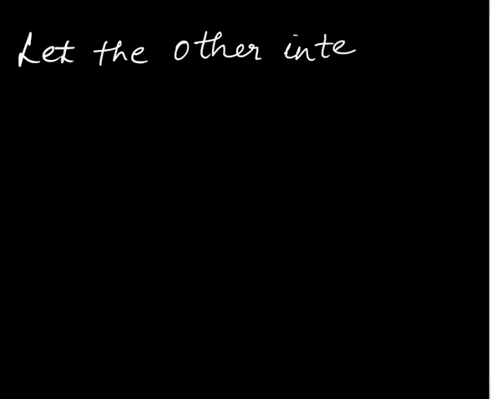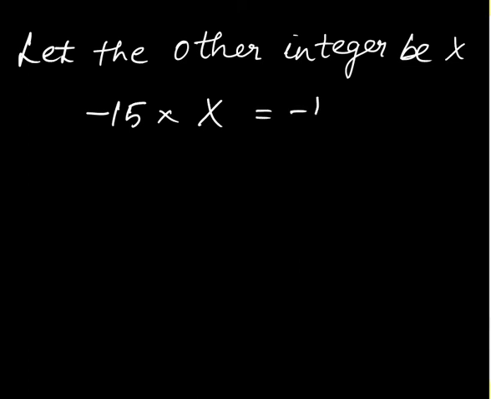So let us assume the other number to be x. So you are multiplying minus 15 into the variable x, so that the answer is minus 135. You need the value of x. So send minus 15 this side.